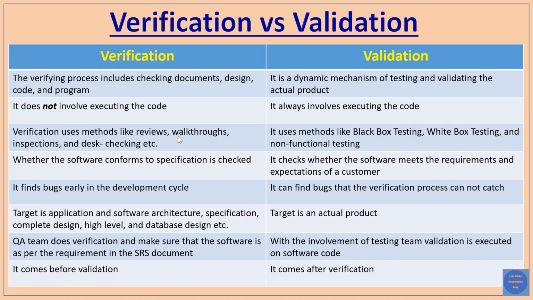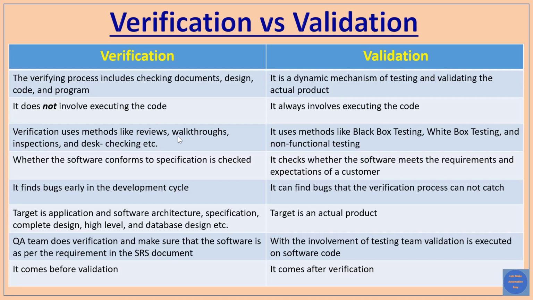In verification, the QA team, the quality assurance team, does the verification and makes sure that the software is as per the requirement given in the SRS, the software requirement specification document.